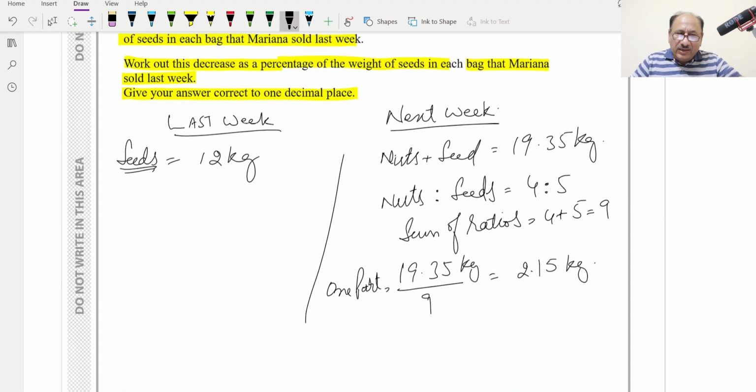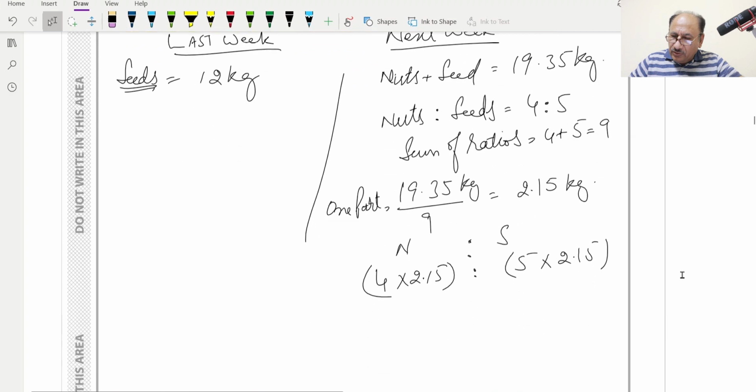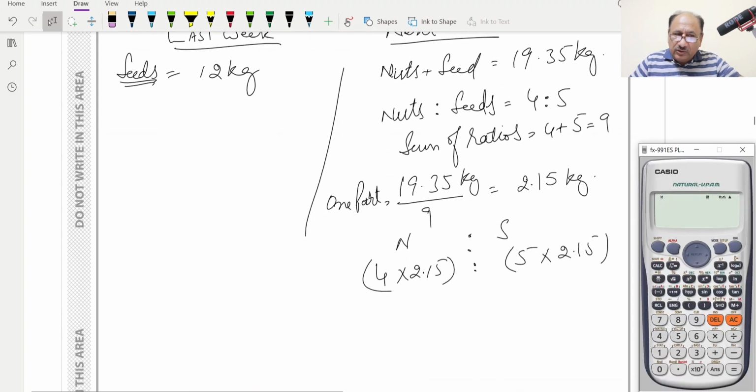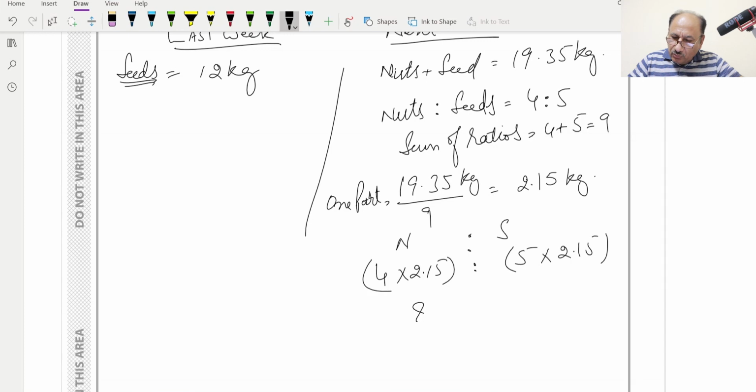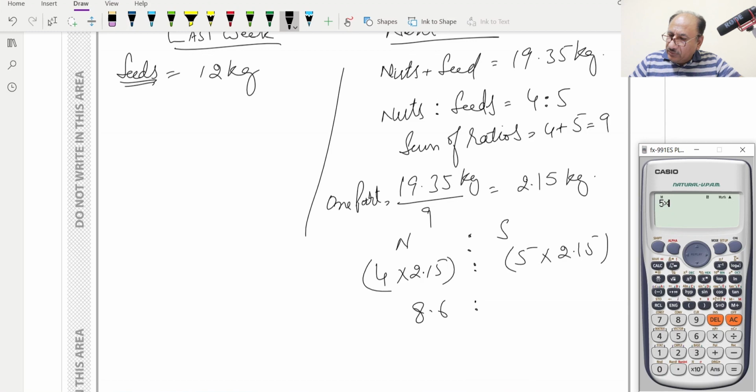Now we can check for the nuts and seeds separately. The ratio is 4:5. So we'll multiply 4 by 2.15, and 5 will also be multiplied by 2.15. 4 multiplied by 2.15 is equal to 8.6, and 5 multiplied by 2.15 is equal to 10.75.